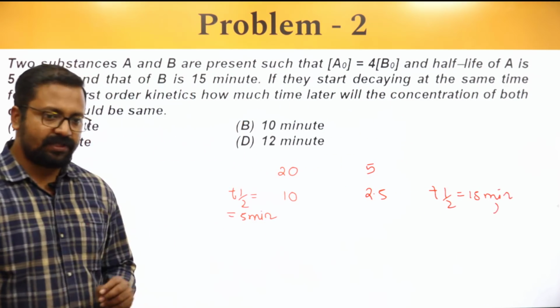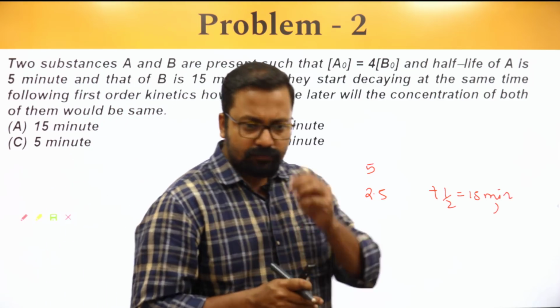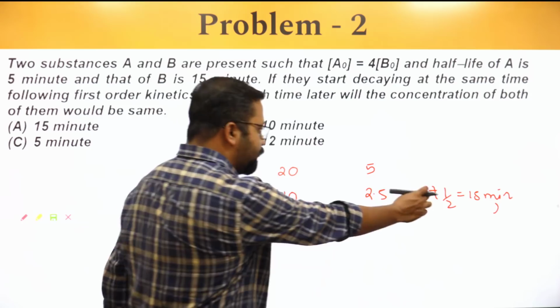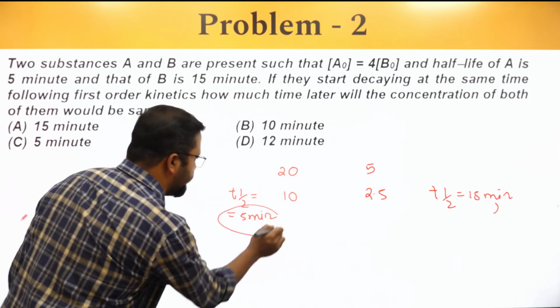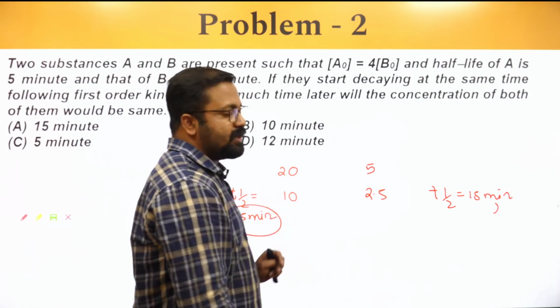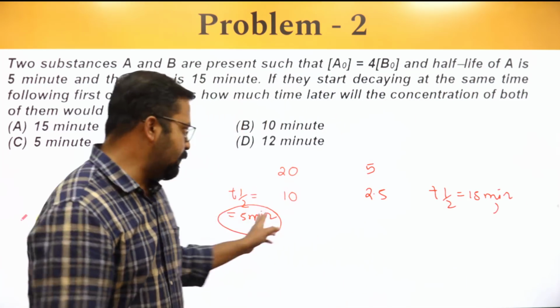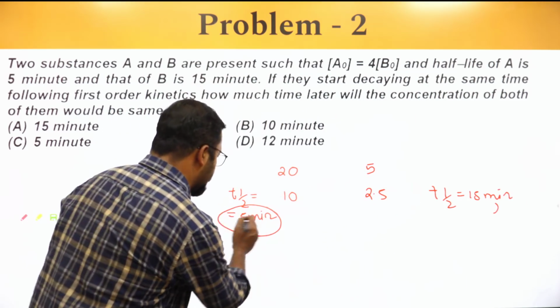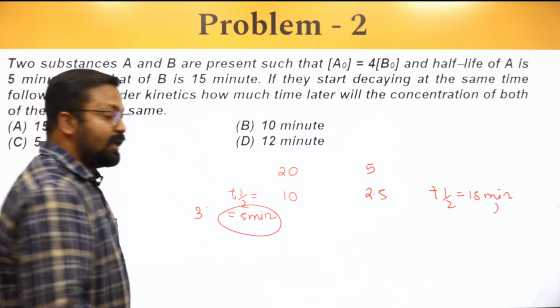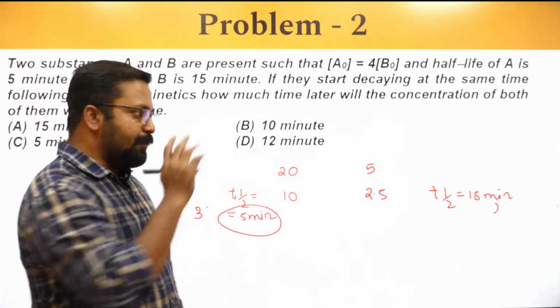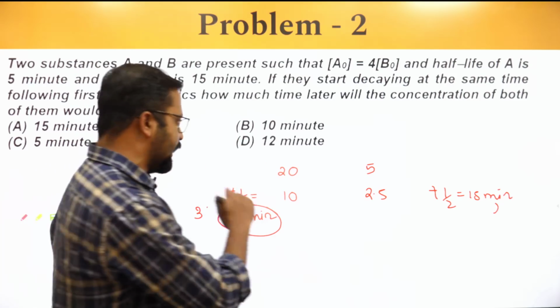So in 15 minutes, how many half-lives have been covered? We have covered 3 half-lives. So the amount will be reduced to 2 to the power 3, 8 times.